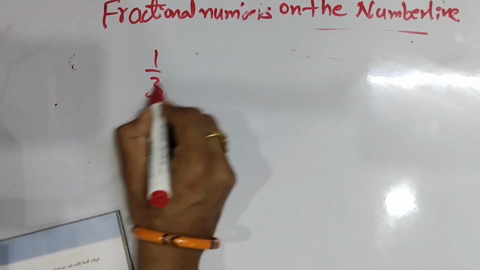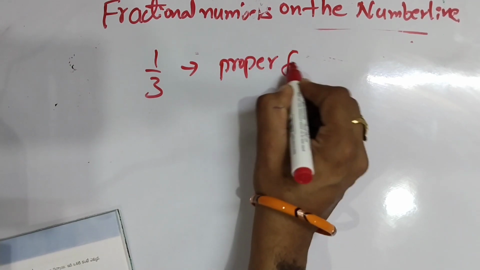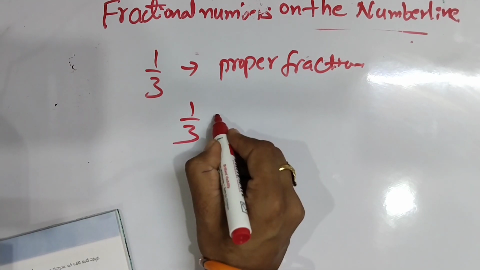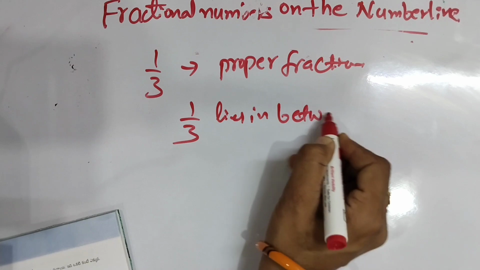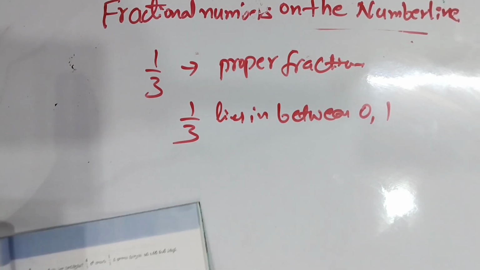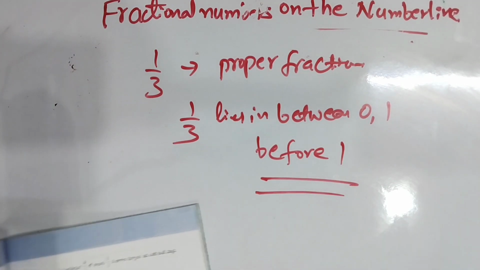Next, 1 by 3. They have given a proper fraction. So 1 by 3 lies in between 0 and 1, which means before 1.